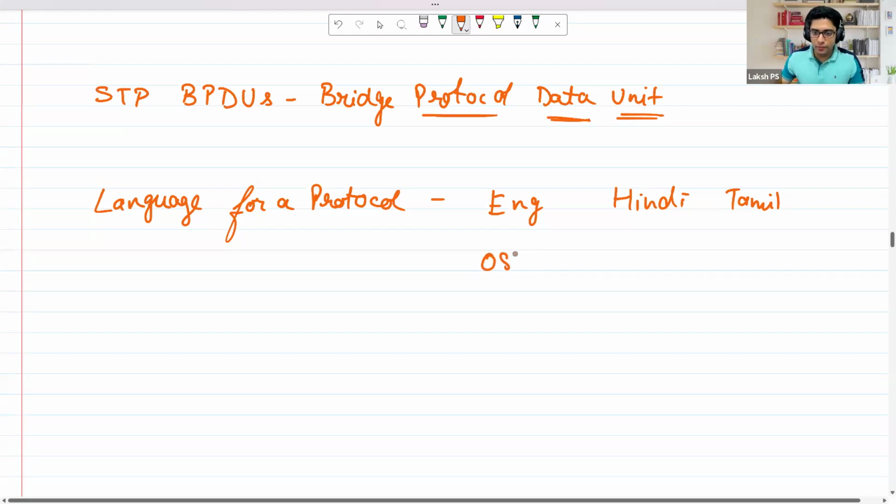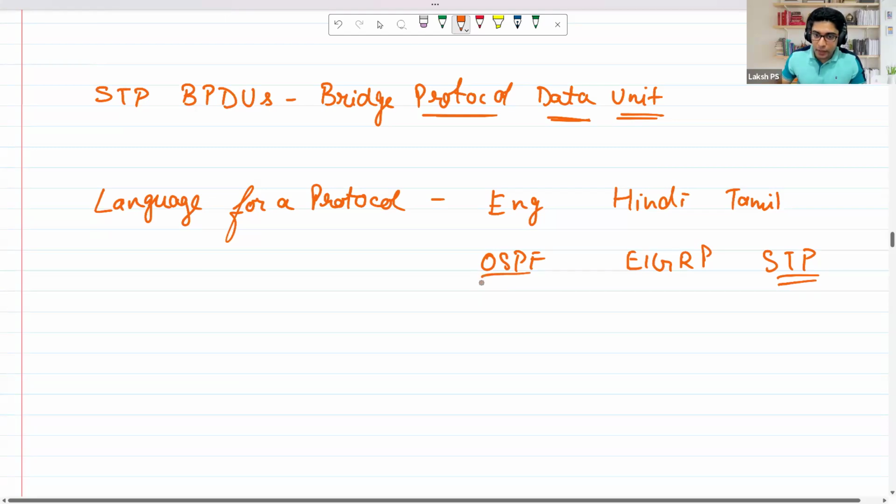So let's say OSPF, EIGRP, spanning tree. Let's imagine that. OSPF has its own language with which it sends information to other OSPF speaking routers. Similarly, EIGRP has its own language with which it speaks to other EIGRP speaking routers. Similarly, spanning tree protocol has its own language with which it communicates information to other spanning tree speaking switches.